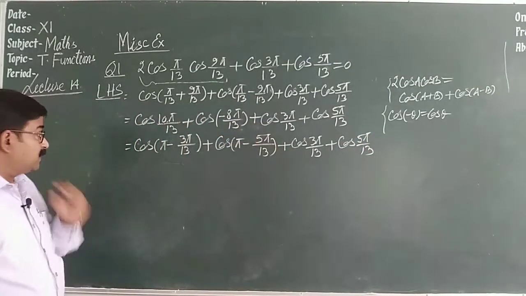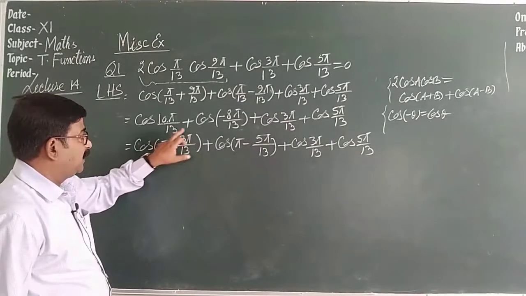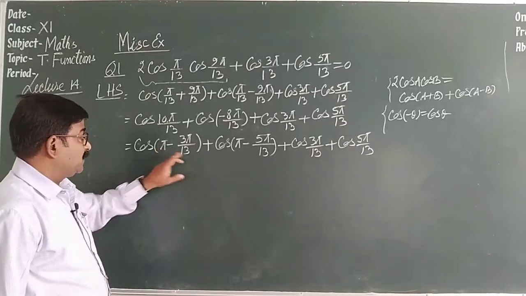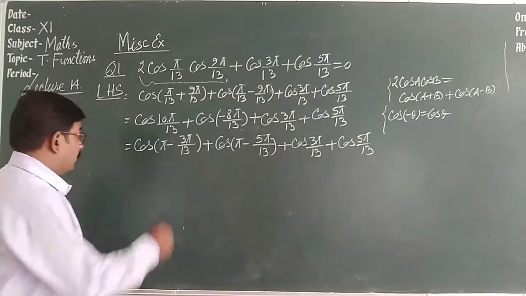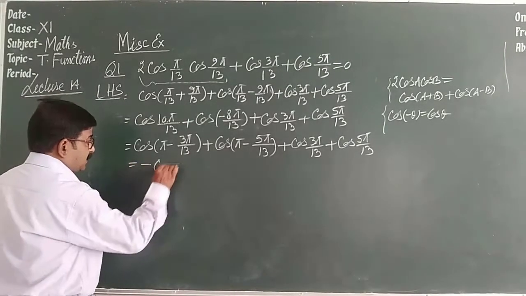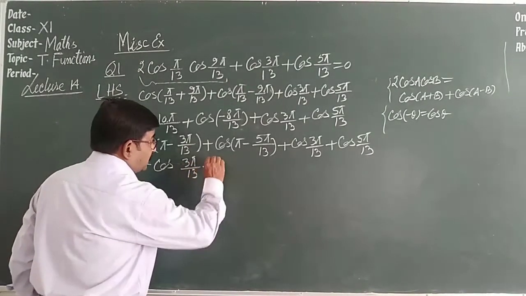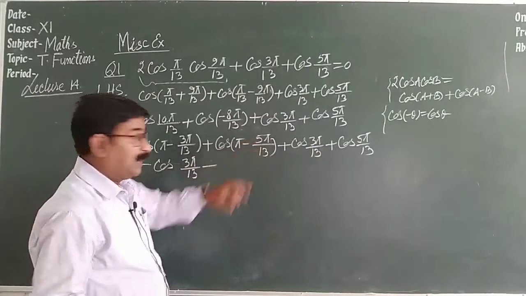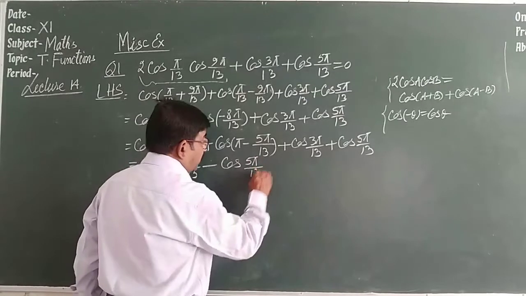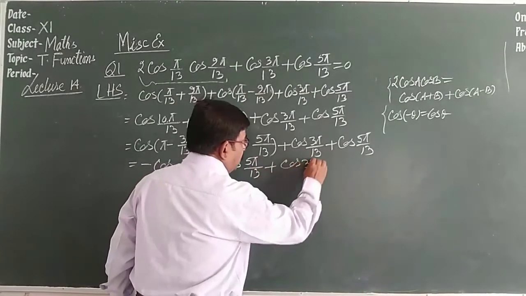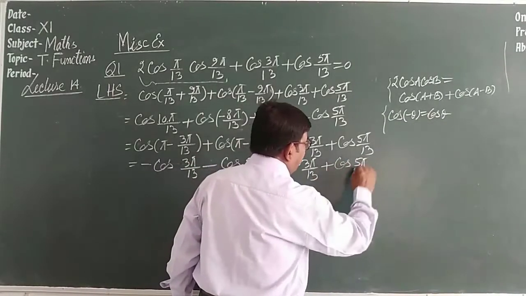Now check the angles. Here it is pi minus theta, with theta being 3 pi by 13. So pi minus theta is in which quadrant? Second quadrant, and in the second quadrant cos is negative. So this becomes minus cos 3 pi by 13, plus, again pi minus theta, minus cos 5 pi by 13, plus cos 3 pi by 13 plus cos 5 pi by 13.